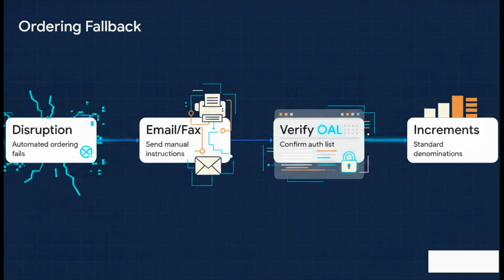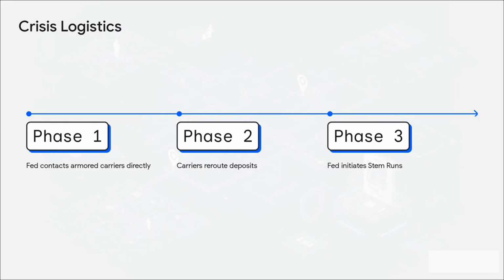And those instructions are cross-referenced with extreme prejudice against an official authorization list. Think of it as a highly exclusive VIP list of people legally allowed to order millions in cash. Oh, and even in a complete emergency, they still have to order in exact standard denomination increments. No exceptions.